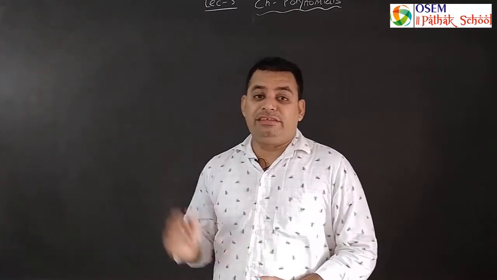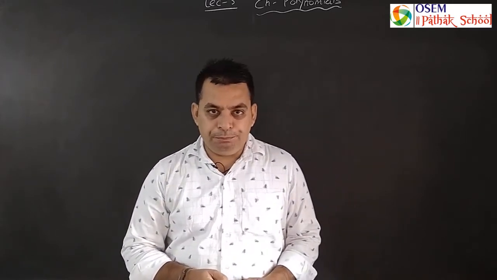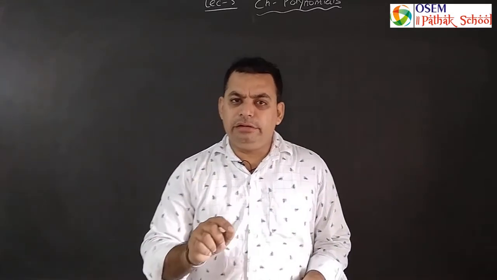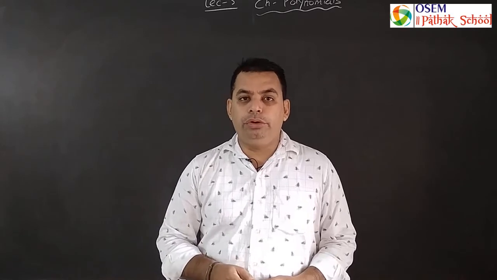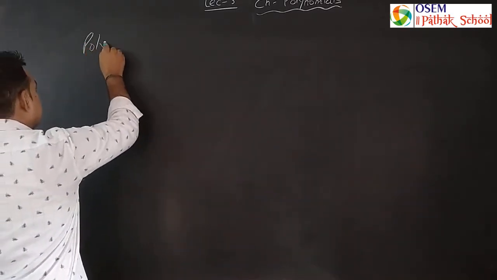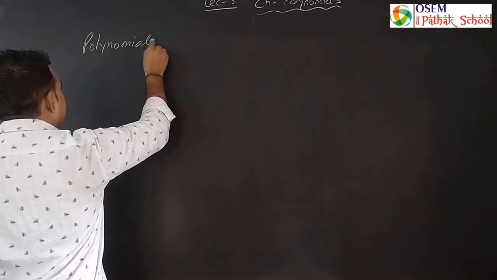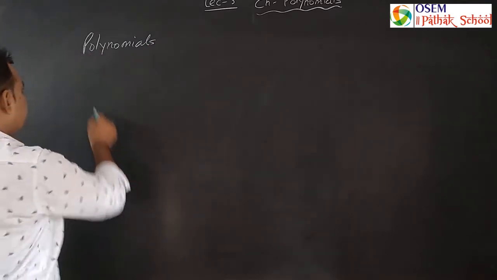Now this is polynomials, chapter number 2. It is one of the important chapters. This chapter's concept we have already studied in class 9. It is related to that, a little bit of that. Now what is a polynomial? The word polynomial itself gives us the meaning.